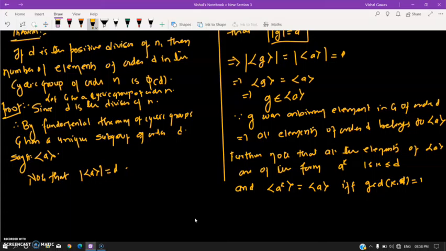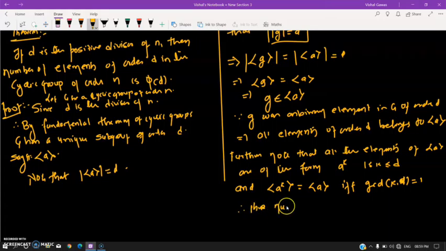If they are of order d, they would generate the same subgroup as a, first of all. And how many such elements can I find? Any element would be a raised to k, where k lies between 1 and d, and k must be relatively prime with d. Therefore, how many such elements can I find?